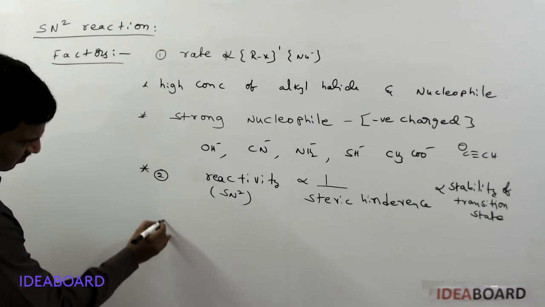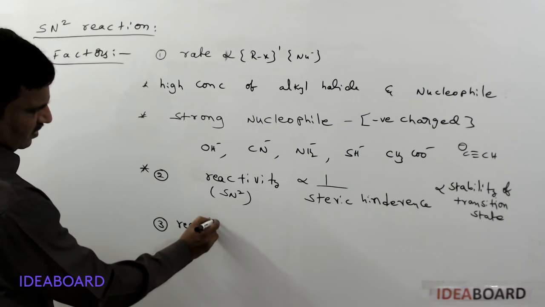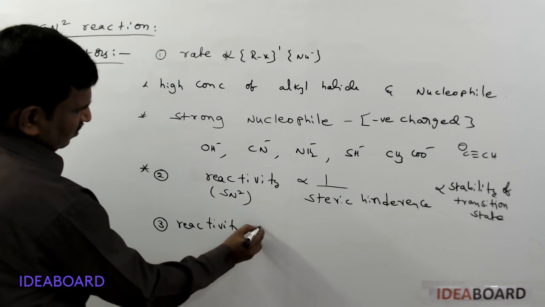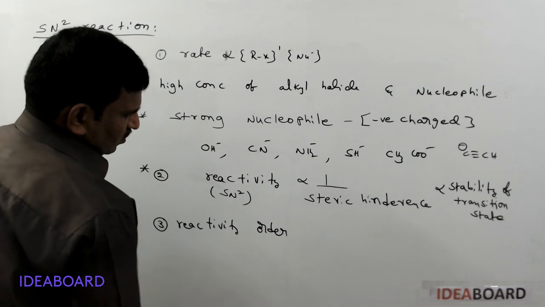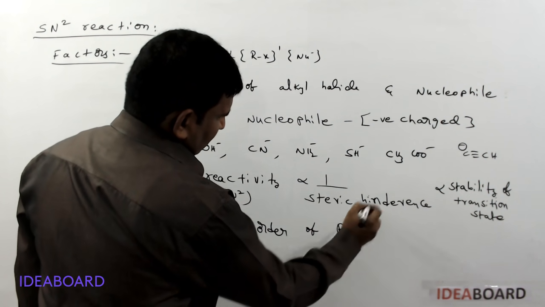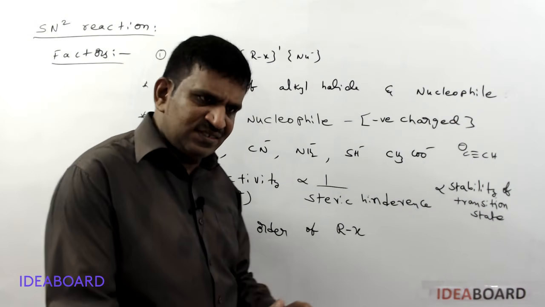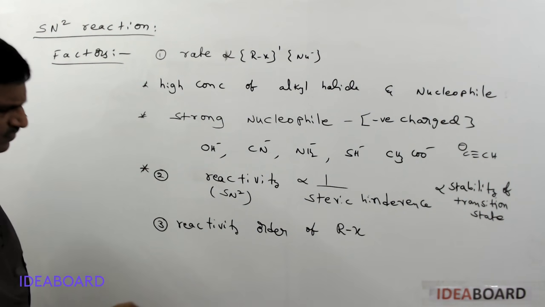And next, the third point, the reactivity order of alkyl halides. Generally, if steric hindrance is less, then they have more reactivity.